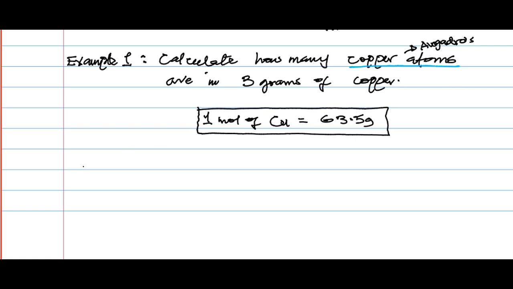So remember, we said 1 mole of a substance contains 6.02 times 10 to 23 atoms of that substance, and our substance here is copper.